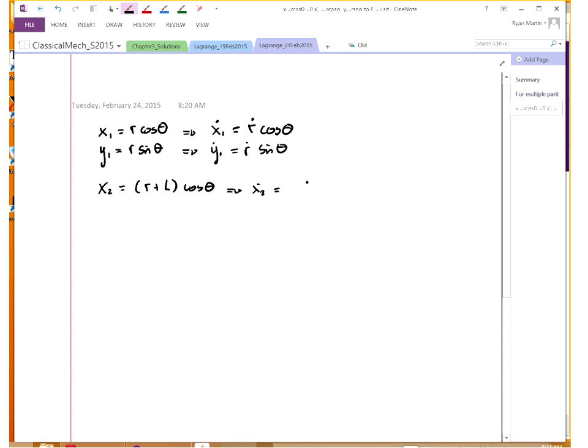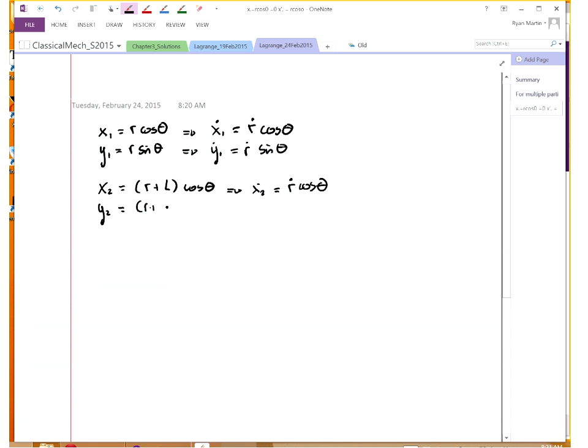And so x2 dot is going to be R dot cos theta plus L dot cos theta, right? But L is a constant, so L dot is 0.